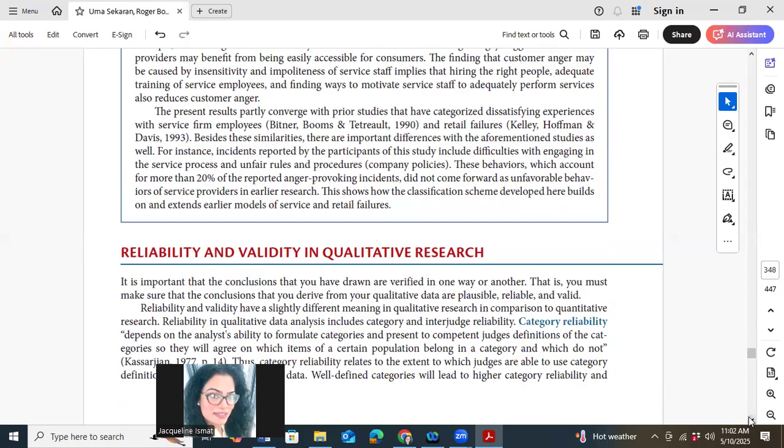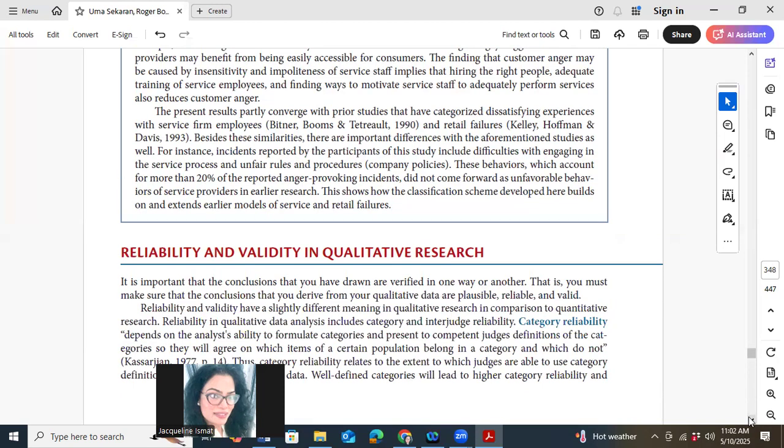The present study partly converges with prior studies that have categorized dissatisfying experiences with service levels and retail failures. The categories we have determined are very much in congruence with past studies. A similar pattern is visible.